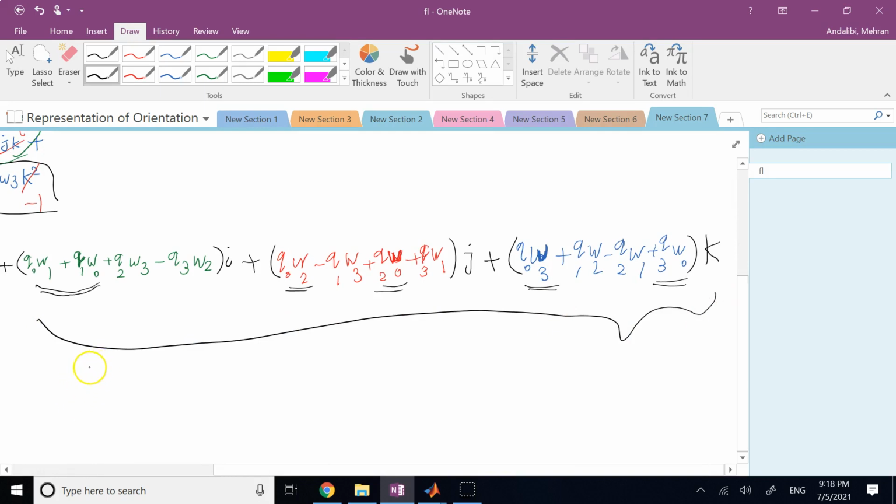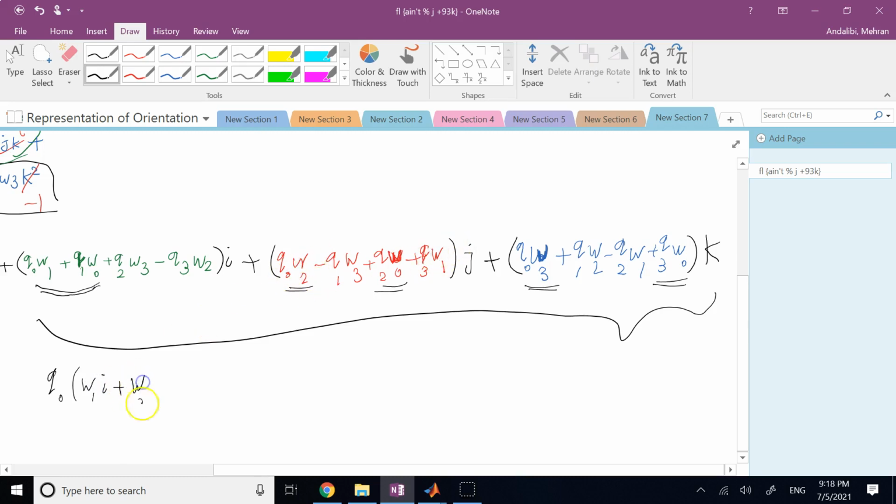So what you can do is, in the ones that have Q naught, you can factor out Q naught. So it is going to be Q naught times what? Times W1 I plus what?